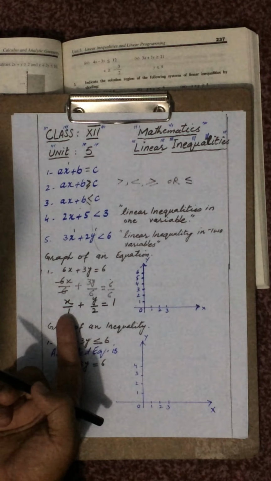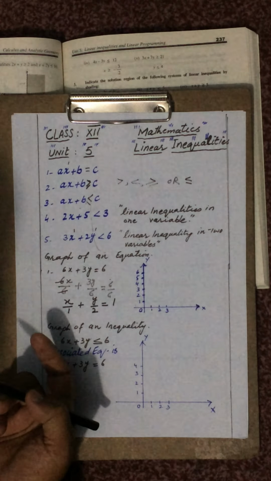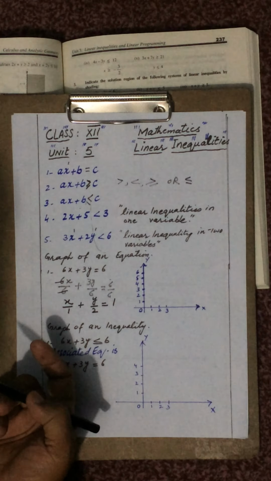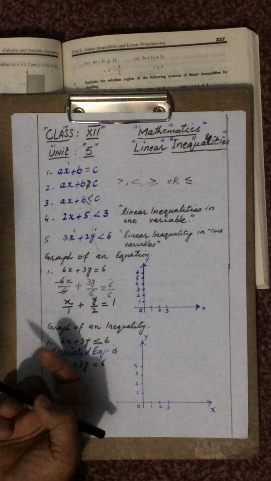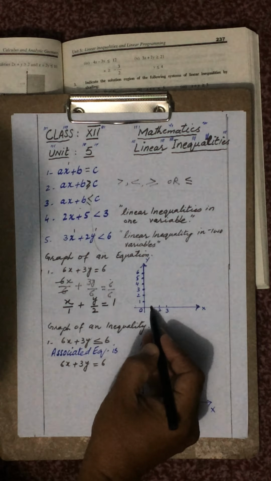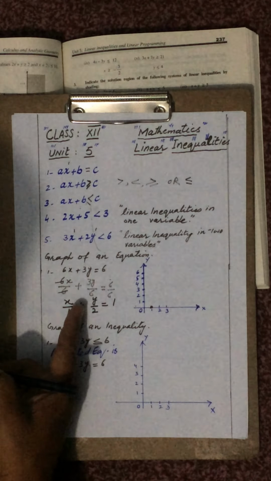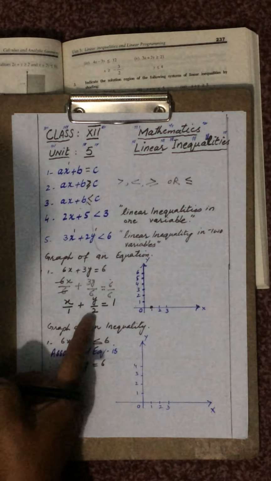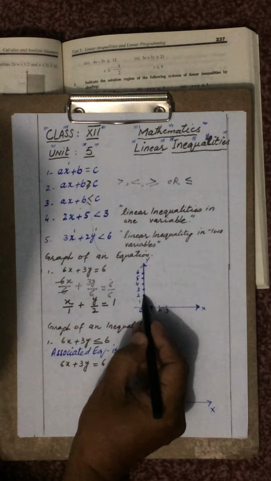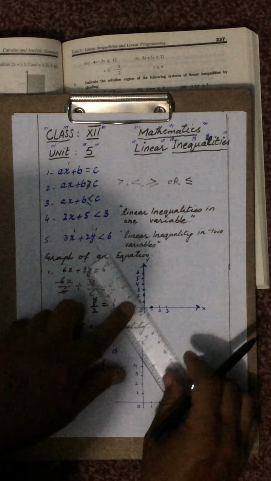The graph of the equation intercepts the x-axis at the point 1, and the y-axis at 2. So draw here 2. Now join these 2 points.